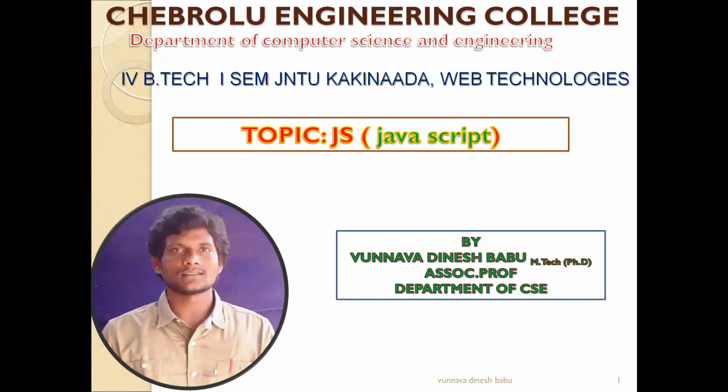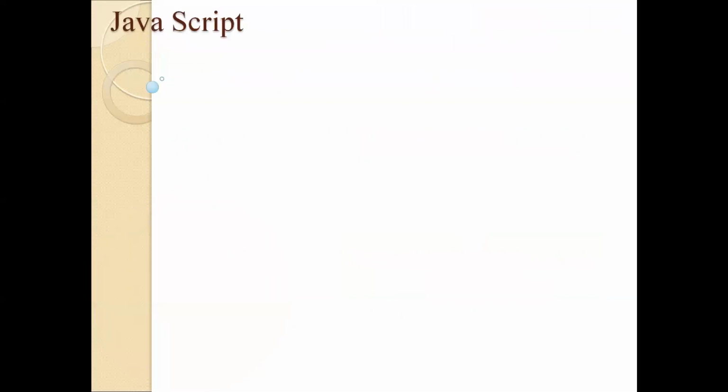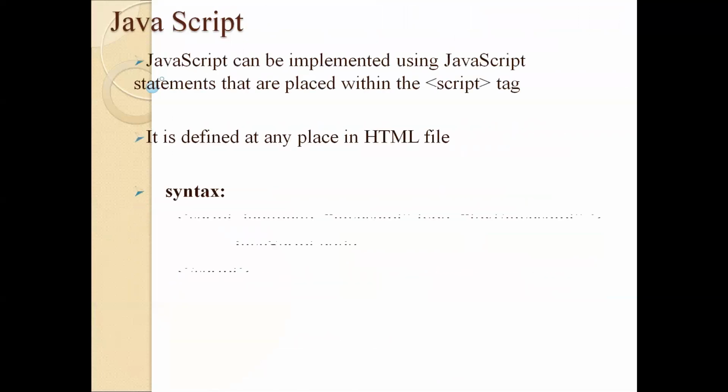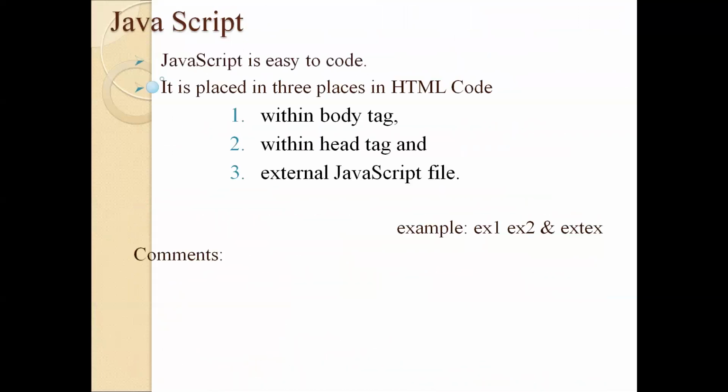So in today's session, first we will start with the variables. So how to declare a variable in JavaScript, how we can assign values to variables in JavaScript, etc. So let us start today's session with the slide of variables.